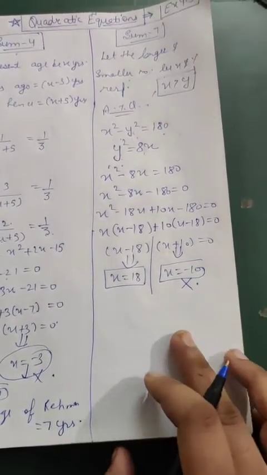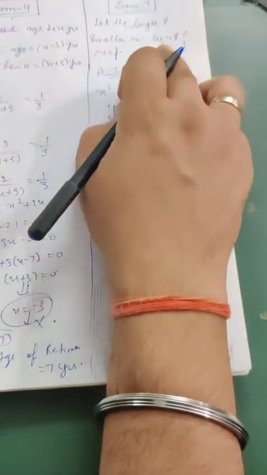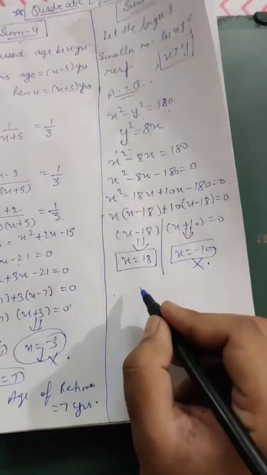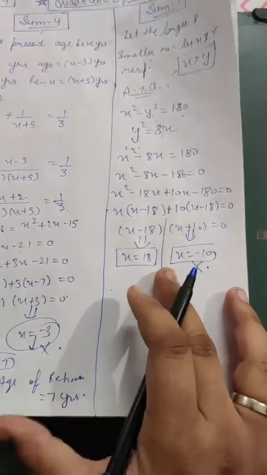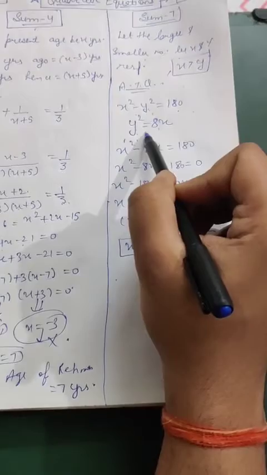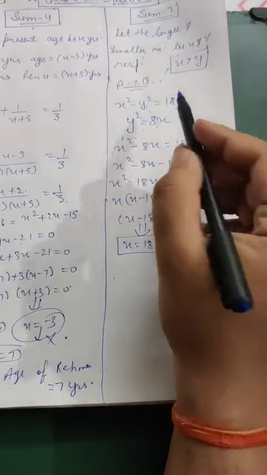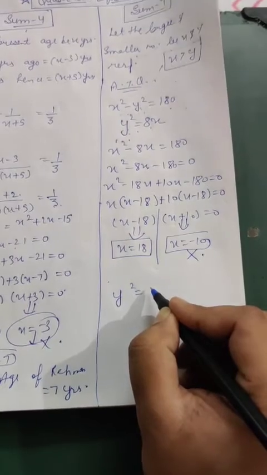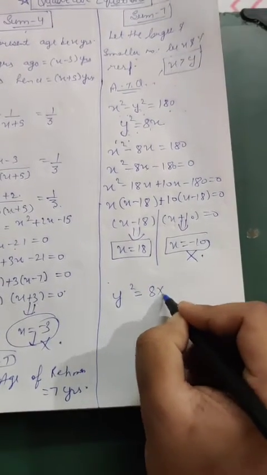So now we get the value of x is 18, and what is x? x is the larger number, and we have to find the value of the smaller number as well. So how will we find the value of the smaller number? It is given that the square of the smaller number is 8 times the larger number. So y square is equal to 8 multiplied by 18.